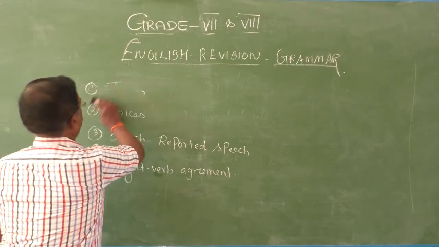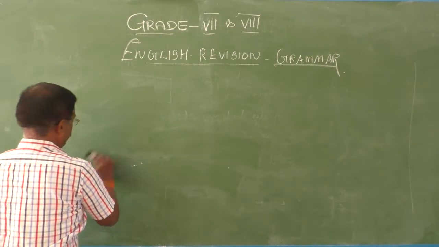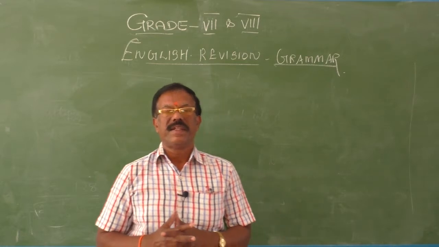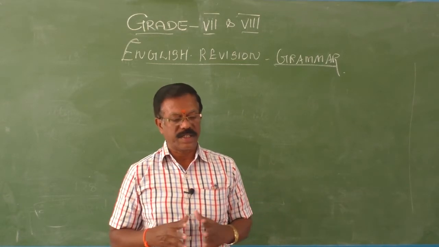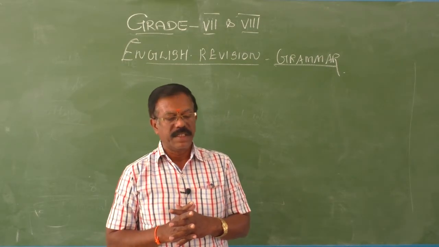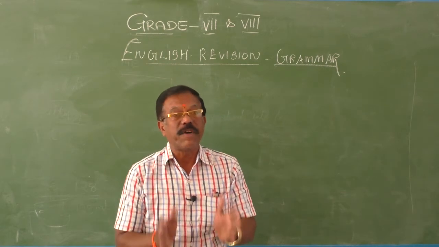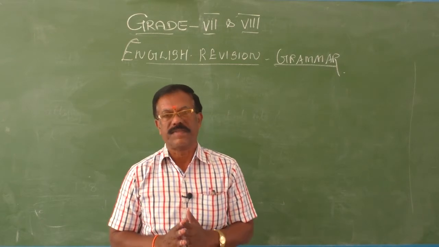Okay fine, let's start today's video class with tenses. You know that children, what is tense? Tense is the time of an action. It is nothing but the form of a particular verb. That form shows the time of action, when the action was done by the subject.